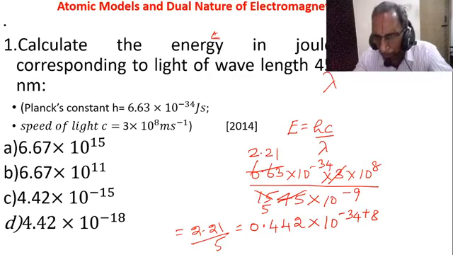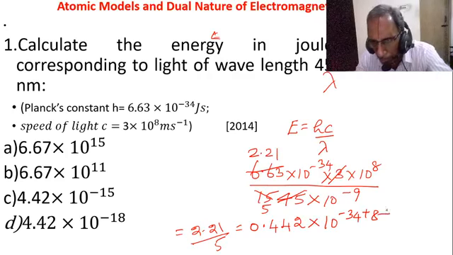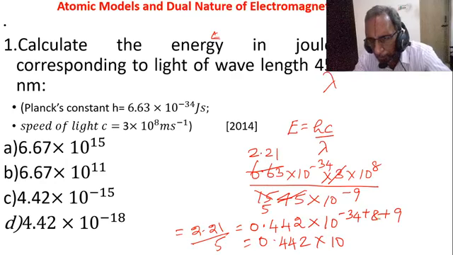This denominator minus 9, if it goes to numerator, becomes plus 9. So it is 0.442 into 10 power 8 plus 9, 17. 17 minus 34 is minus 17.